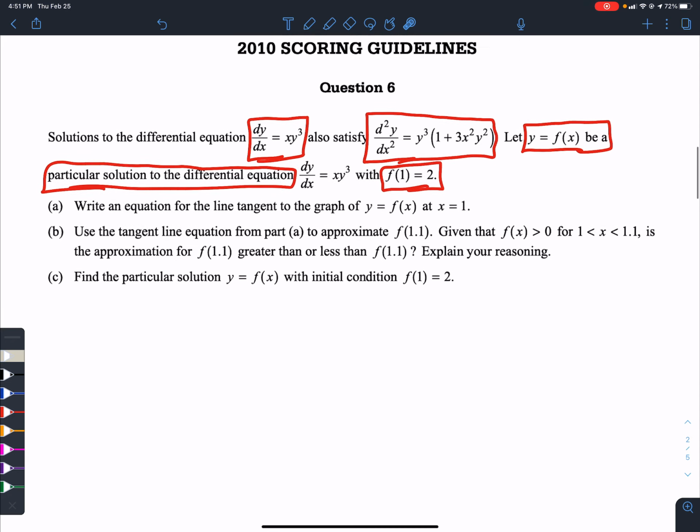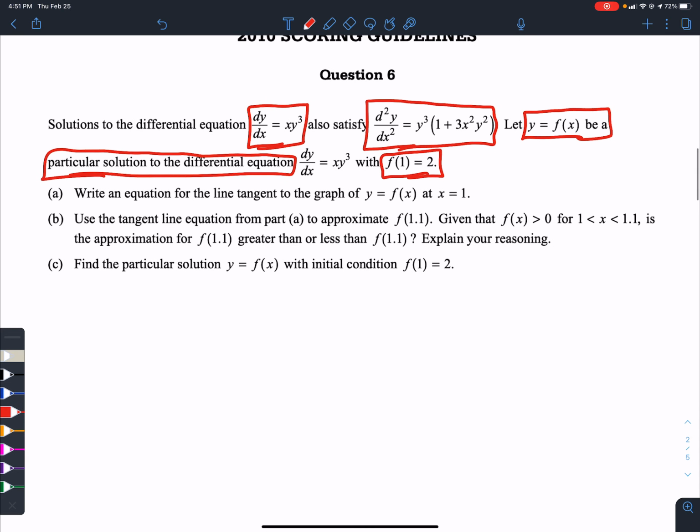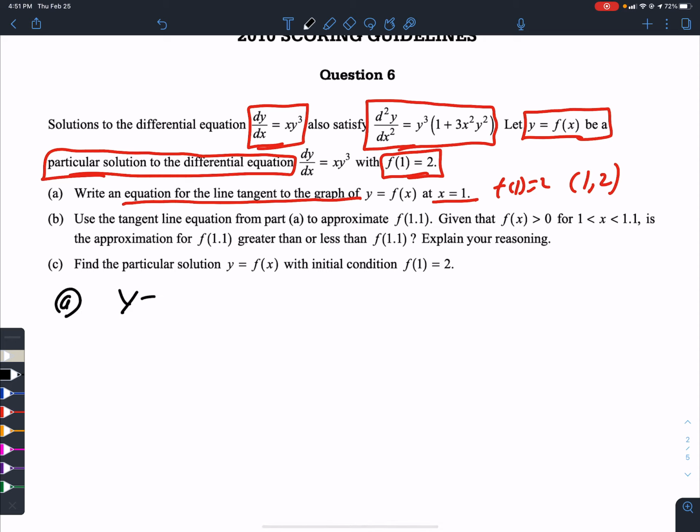So part A, it says write the equation of the line tangent to the graph at 1. Well, we know f at 1 is 2, so really it's at the point 1, 2. And so when you see equation of the tangent line, you should immediately go to the equation of a line in point slope form. We know x1, y1, that was given as 1, 2.